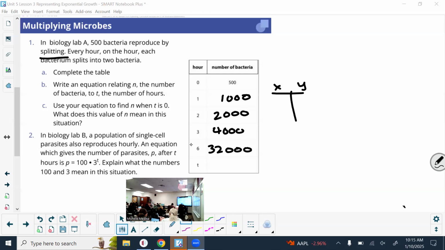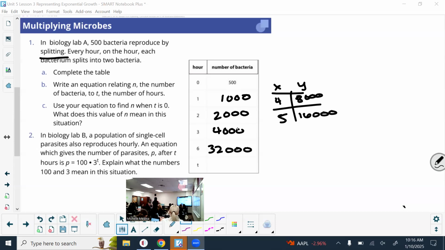So again, I mentioned before, we get so used to things being a certain way that we are blind to it when it changes. So in hour 4, there would be 8,000 because it'd be doubling from 4,000. In hour 5, how many would there be? 16,000. And that's why in hour 6, there's 32,000. All right, good.